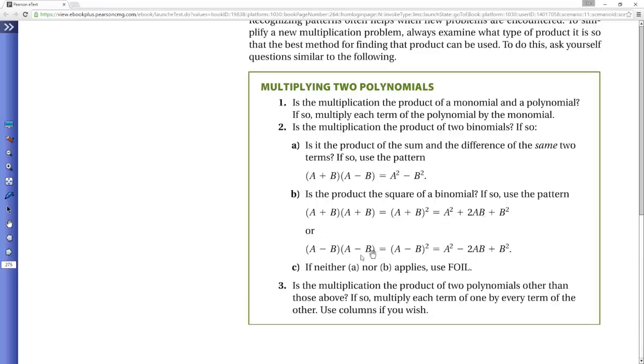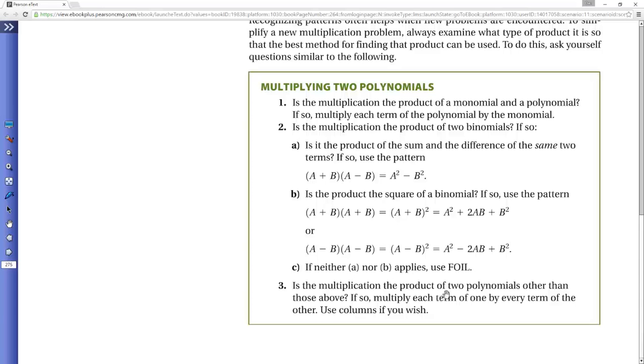And really, when I think about this, I don't even have to really remember this, because if I have a minus b squared, I take a squared, I get a squared, right? I take the last term squared, b squared, which is negative b times negative b, a positive b squared. Well, a times negative b is a negative ab. You double that, I get 2 of those, I get a negative 2ab. It's the same thing I do here, okay? And if these two situations don't occur, then we look for FOIL: first, outer, inner, last, okay?